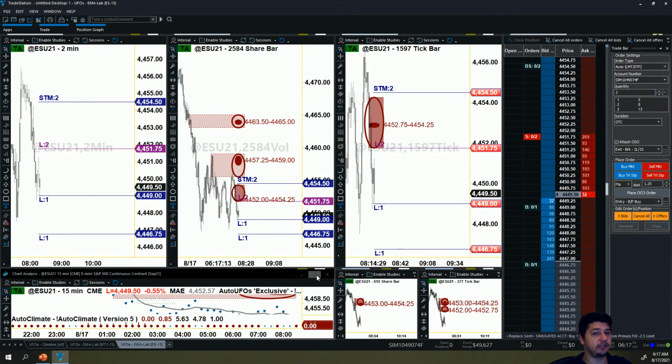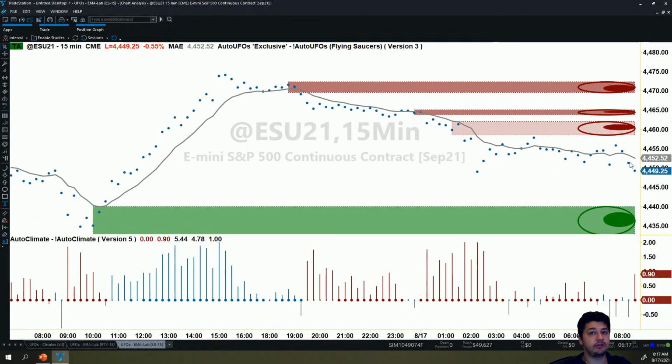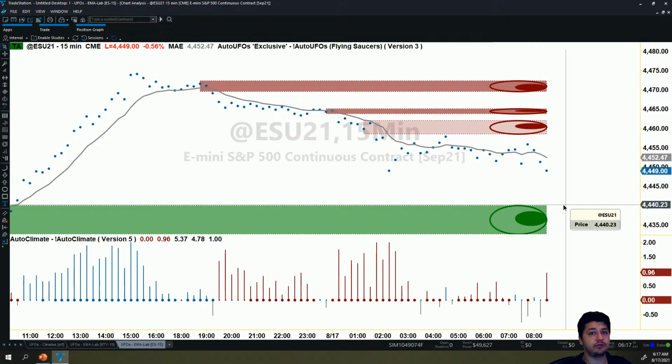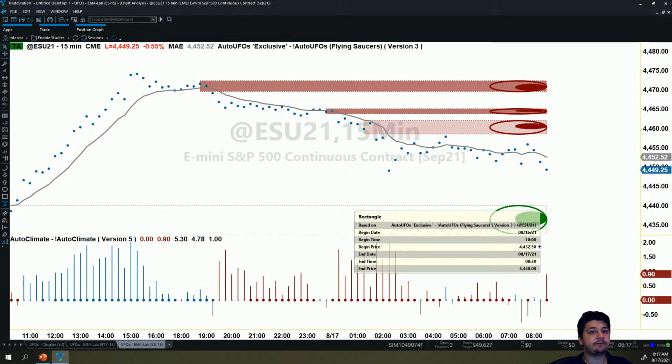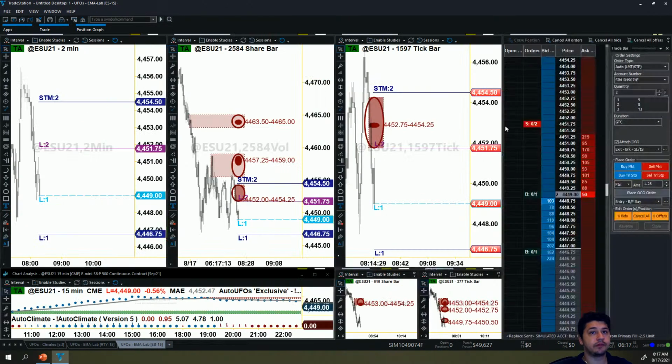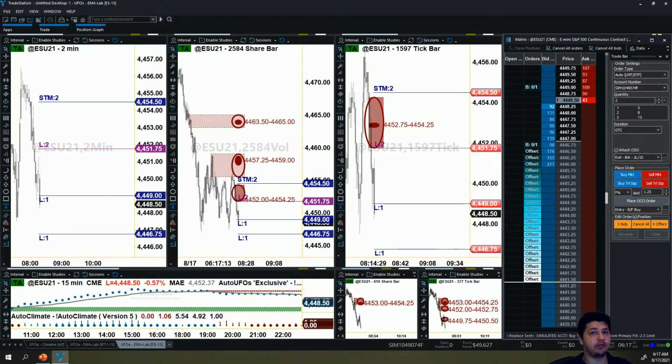Oh, and the one thing that we actually didn't do here is to define our T2, which is well below here at 44.40. That's 9 points away. Yep, you definitely would have gotten T1 there. Already went through.